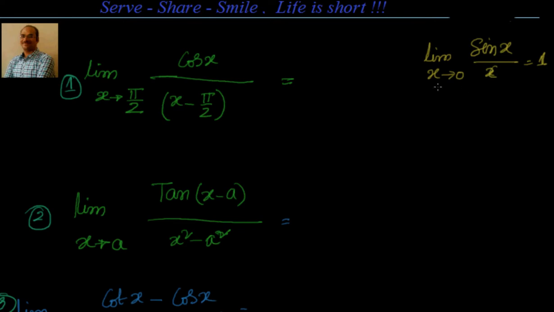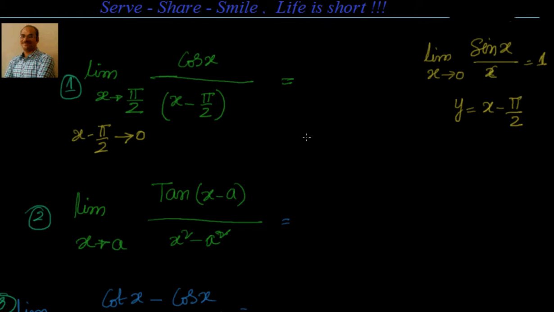So for that, now if you see here x tends to pi by 2, what is the meaning of that? Can I say x minus pi by 2 tends to 0? Now there you have your answer. That means we have to take a variable y such that y equals x minus pi by 2.